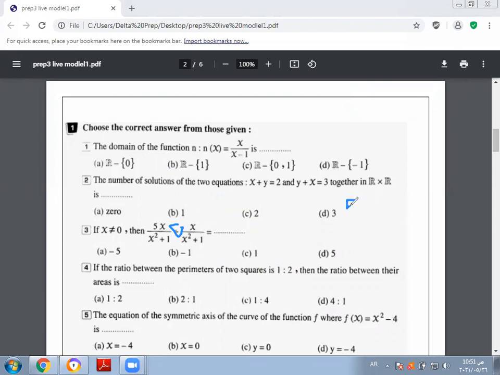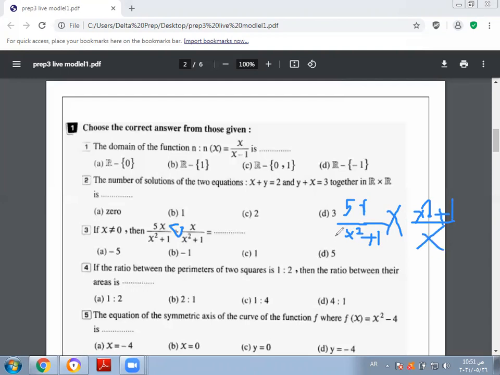It is 5x over x power 2 plus 1 times, we reciprocal it, so x power 2 plus 1 over x.